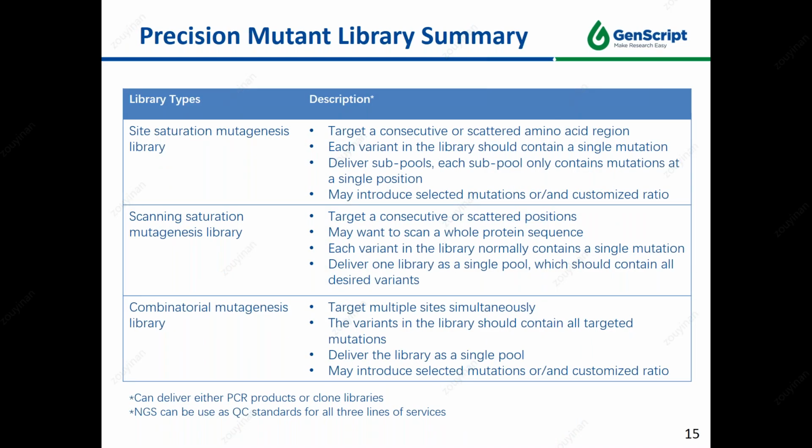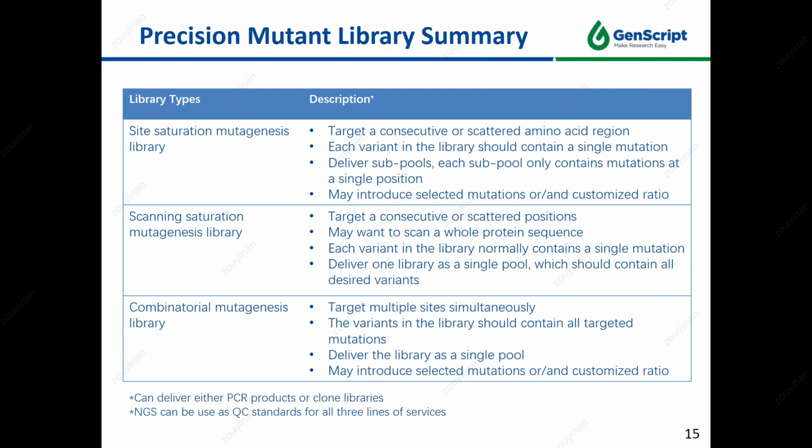Now, here comes the service summary of precision mutant libraries offered by GenScript. The site saturation mutagenesis library normally targets a consecutive or scattered amino acid region. Each variant in this library contains one mutation at a single position.